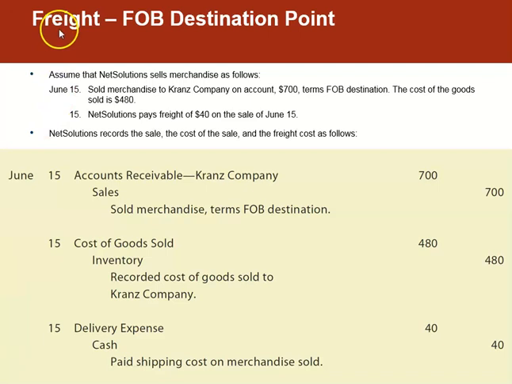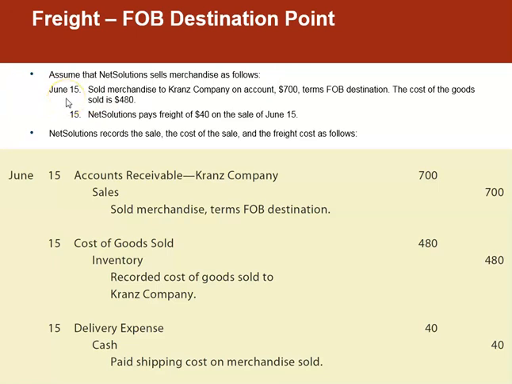Now we have a situation, freight FOB. Let me go back. Yeah, here we go. FOB destination point says assume that Net Solutions sells merchandise as follows. So we've been talking about Net Solutions as a service-related business up to this point. Looks like they actually sell some merchandise as well.